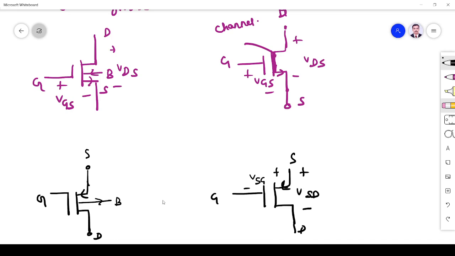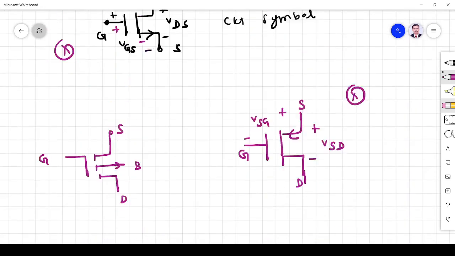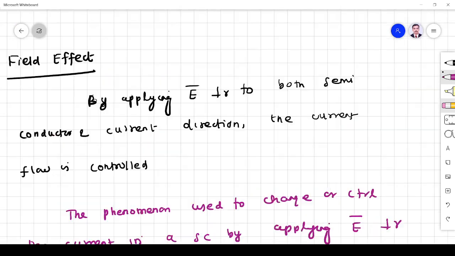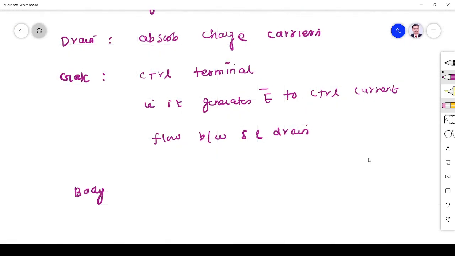Another thing we have to remember about MOSFET is that it is a symmetrical device. Why is it called a symmetrical device? We must know that in MOSFET, drain and source terminals can be interchanged, whereas that is not possible in BJT.